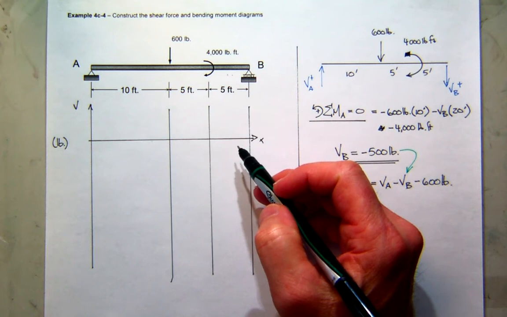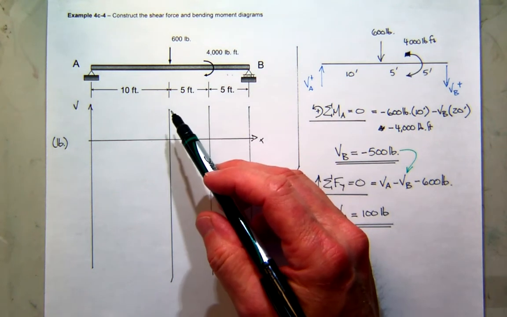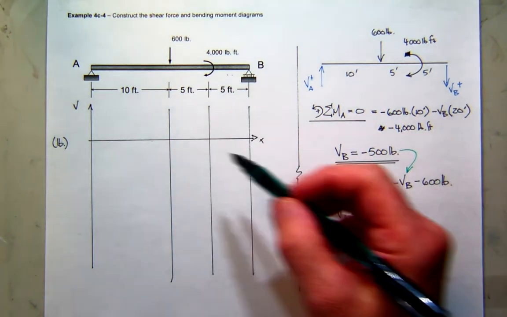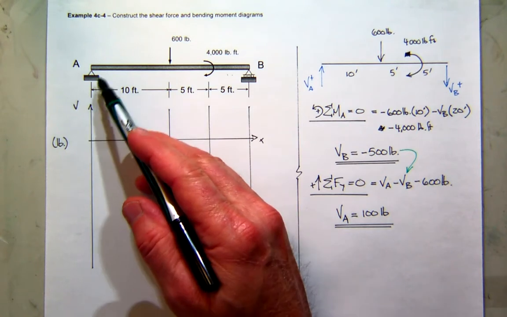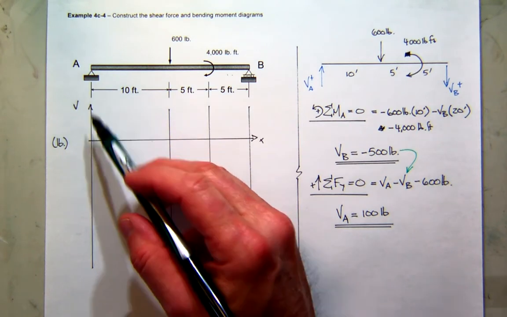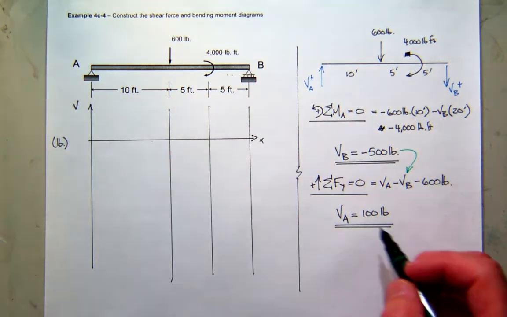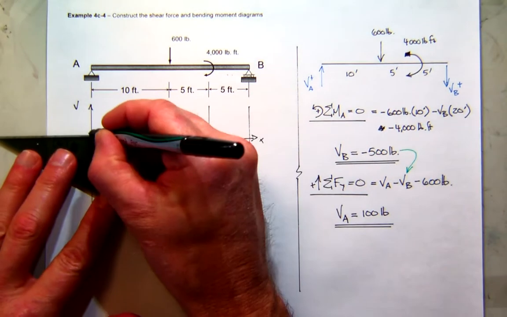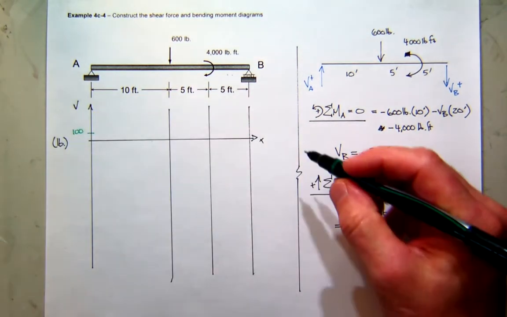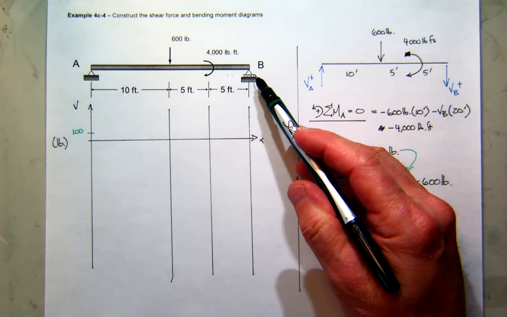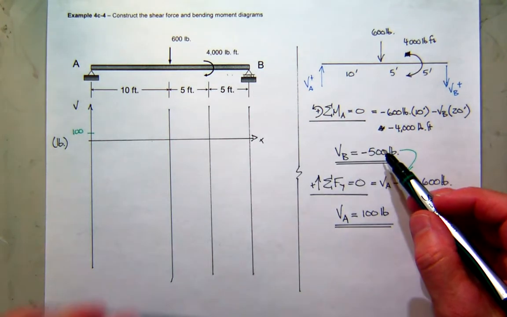Now I'm going to apply the information that I have about shear and how it changes to construct the diagram. So starting here at A, do I know what the shear at A is? Yeah, we found it. It was equal to 100. What was the shear at B? Did we find that? Yeah, it was negative 500.